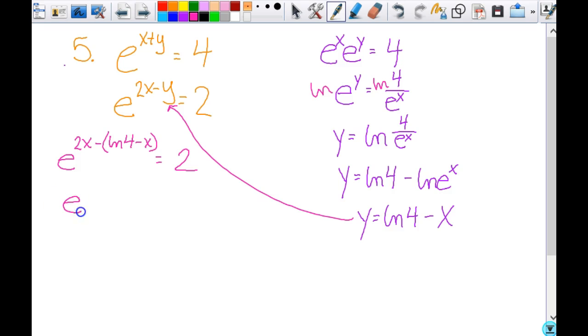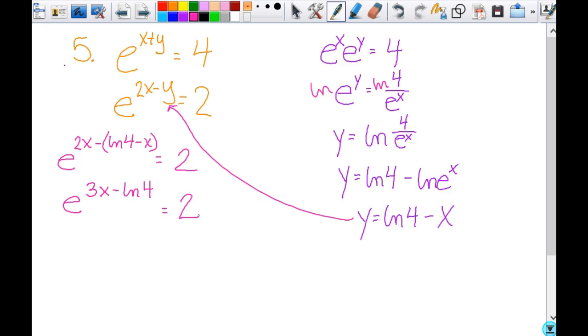So I'm going to get e to the what? How many x's? 3x. Think about that. I'm subtracting this, so yeah. That, remember, it's the basic algebra and arithmetic things that messes up more than anything. Minus the natural log of 4 equals 2. Okay, everybody okay with that?